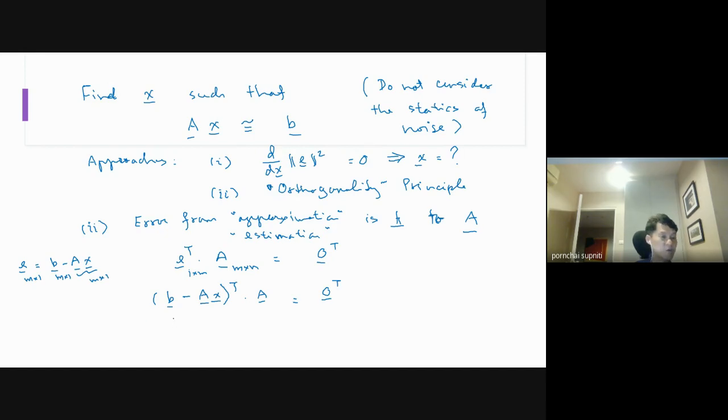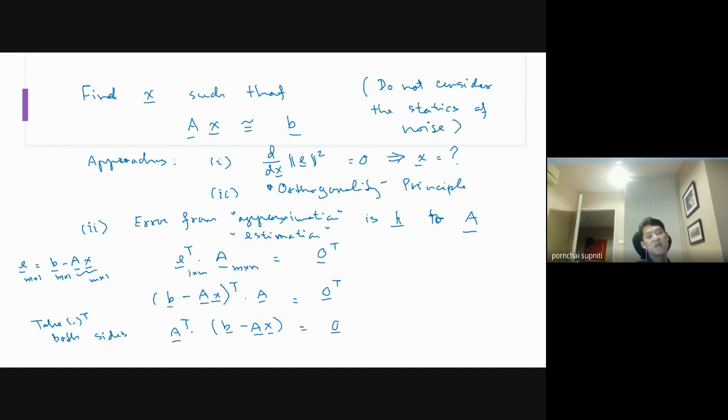What I can also do is take a transpose on both sides. Then I have A transpose multiply with B minus AX equals 0. So here we take the transpose of both sides.